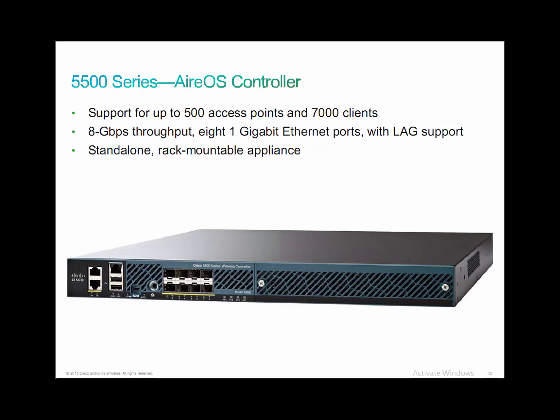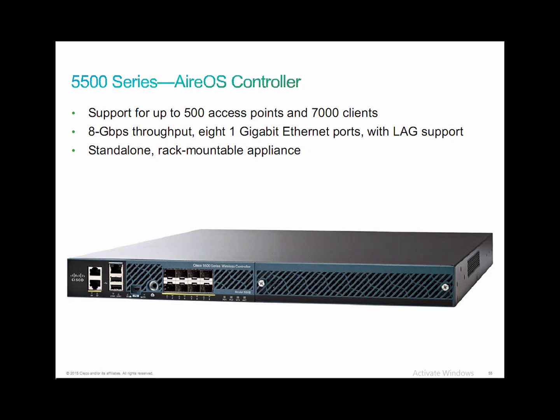You can do short haul or long haul. There is a utility port and a service port as well. You can see those on the left side. It supports guest anchor access as well, and also supports link aggregation.